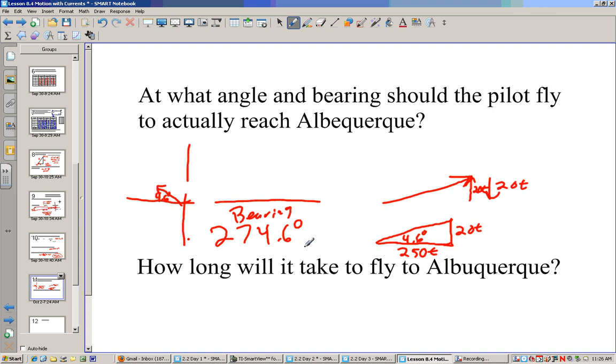Now, how long will it take to fly to Albuquerque? Well, if they're going to continue going at 250 miles per hour, and then in the y direction, we're going to go up 4.6.